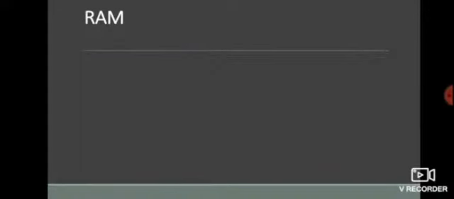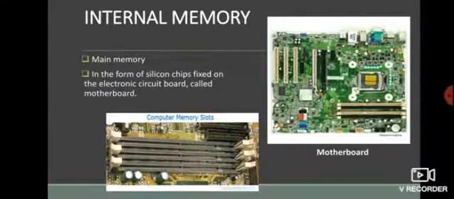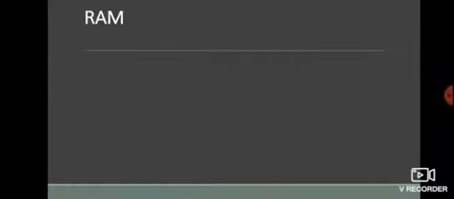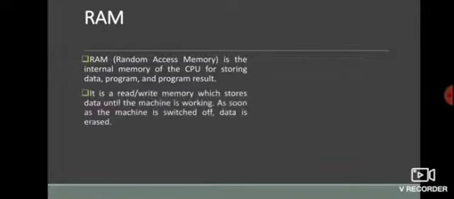RAM, that is random access memory, is the internal memory of the CPU. As we have seen in this figure, these 3 slots are for RAM. RAM is used for storing data, programs and program results.